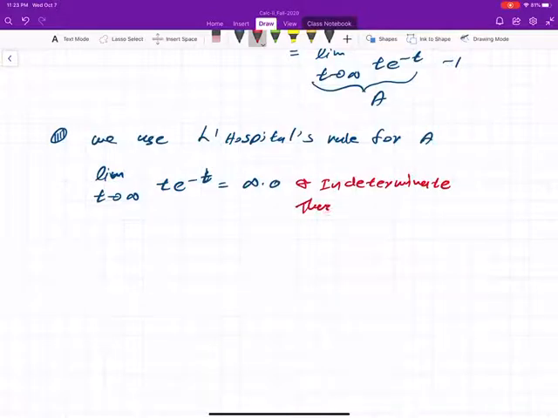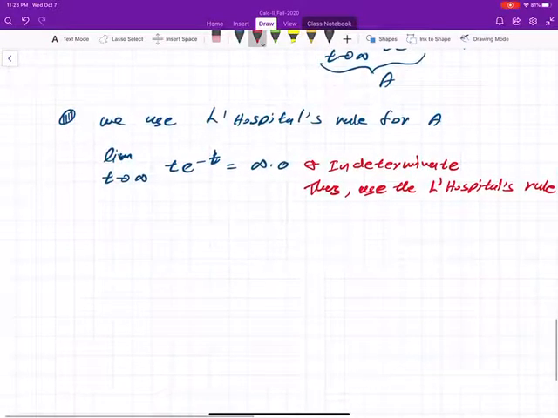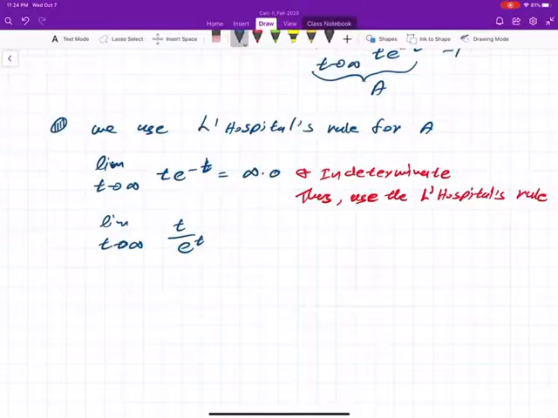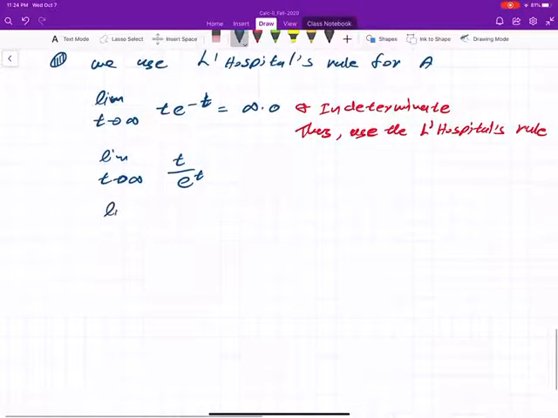In L'Hopital's rule, what do you do? You rewrite this function as the limit as t goes to infinity of a quotient, t over e to the power t, and then you differentiate the numerator and the denominator separately.